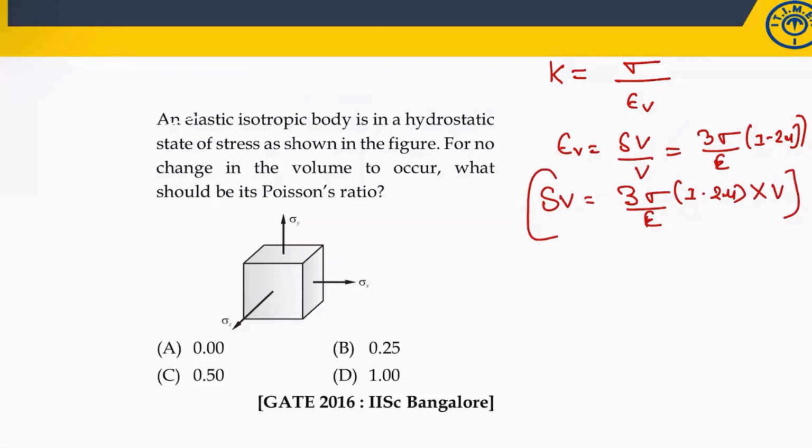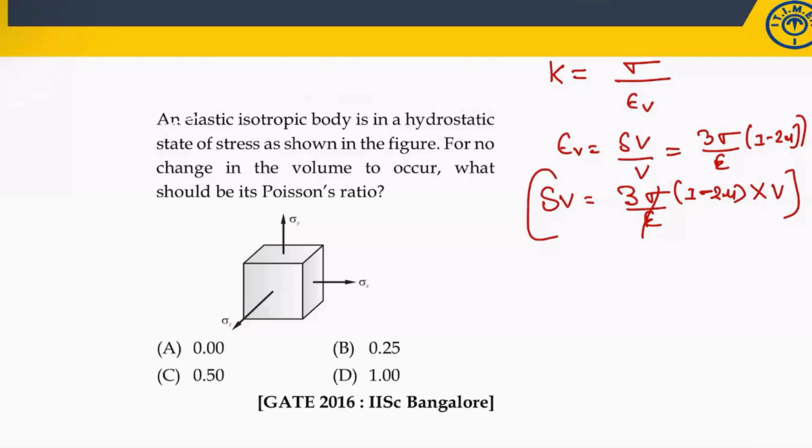Now the question says there is no change in volume. No change in volume means the change in volume will become 0. Just equate it to 0 and tell me what mu value you are getting. Then you have to calculate the Poisson's ratio. These all are constant only.